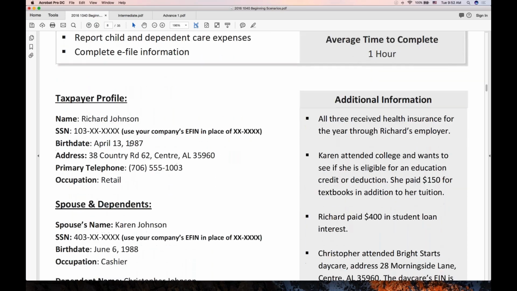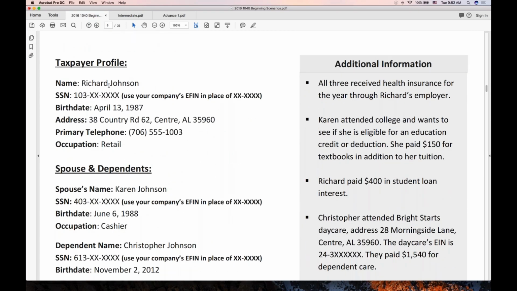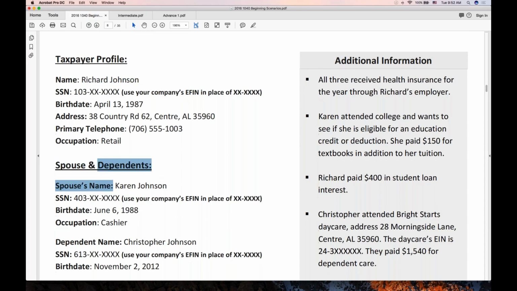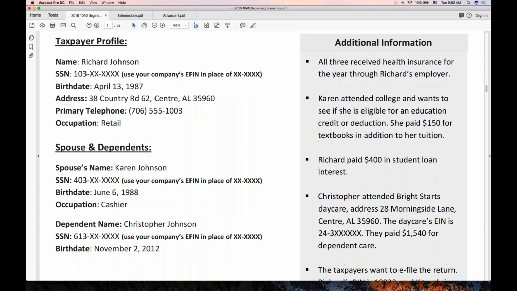So let's see. Let me read the rest of it. Richard Johnson is married and also has dependents. As part of the additional information, it says that all three receive insurance through the employer. All right, so there's no Form 1095. They all have full health insurance through their employer.